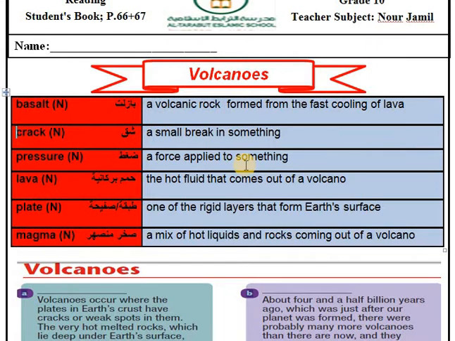Crack, شق, a small break in something. Pressure, ضغط, a force applied to something. Lava, حمم بركانية, the hot fluid that comes out of a volcano.